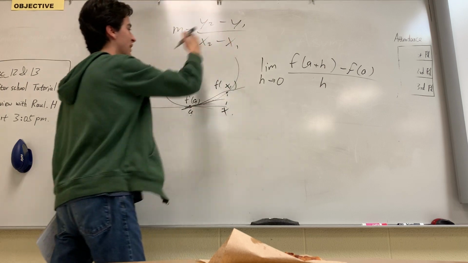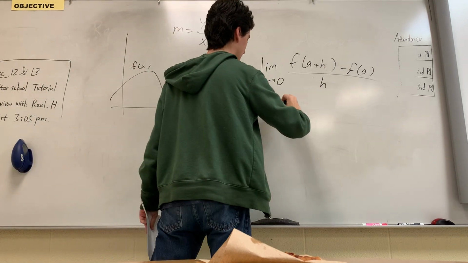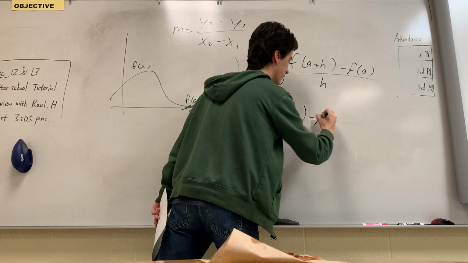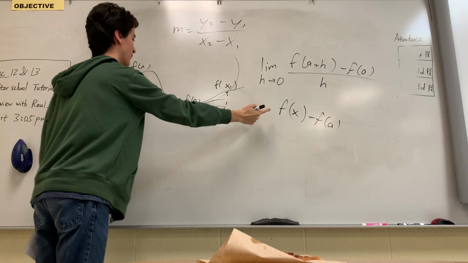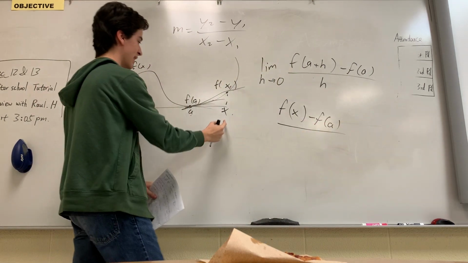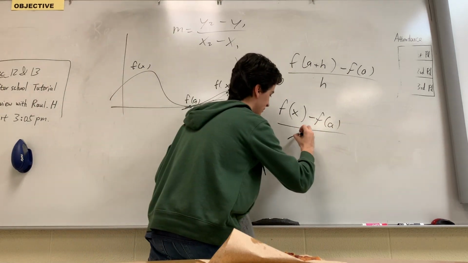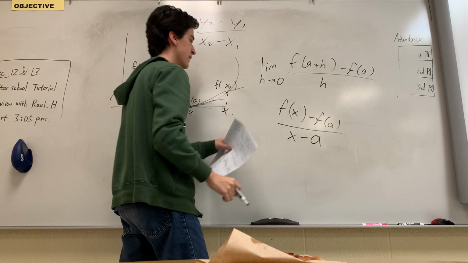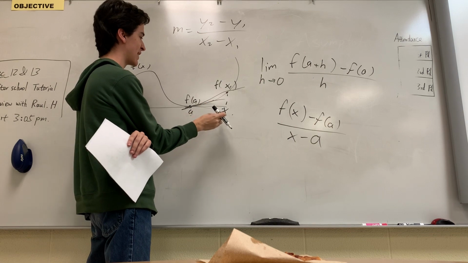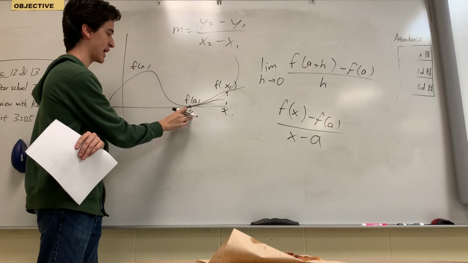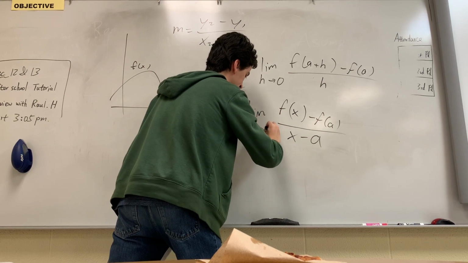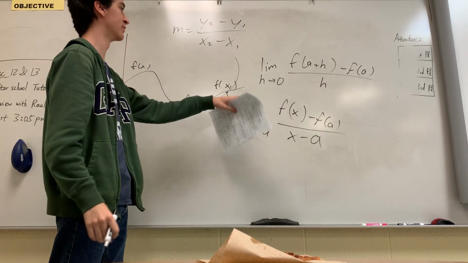So plugging it in, we end up with f of x, that is the second y, minus f of a, the first y, divided by the second x minus the first x, which is x minus a. And over here, we don't have a distance that we can take into account anymore, so we just have to make x get closer and closer to a by taking the limit as x approaches a. So these are the two, well, technically three, forms.